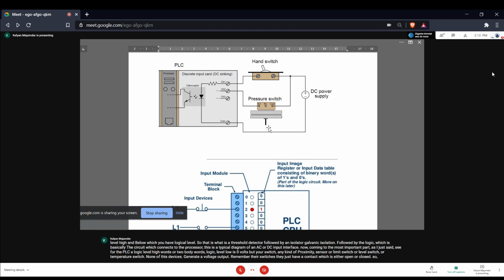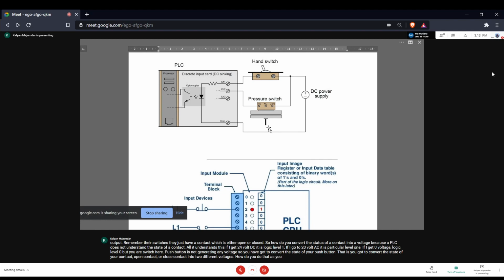So how do you convert the status of a contact into a voltage? Because a PLC does not understand the state of a contact. All it understands is, if I get 24 volt DC, it is logic level 1. If I get 220 volt AC, it is logic level 1. If I get 0 volt DC, it is logic level 0. But your push button is not generating any voltage. So you have got to convert the state of your contact, open contact or closed contact, into two different voltage levels. How do you do that?